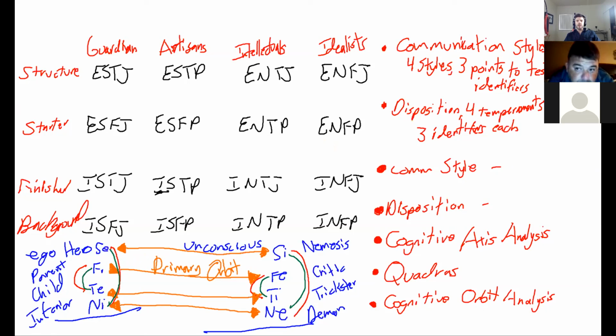What happens when NI inferior has its choice taken away? If I go up to an ESFP and I take away their choice, guess what happens? The demon immediately activates because of the orbit. The inferior function, where a person's fear exists, fear can lead to violence from the demon.